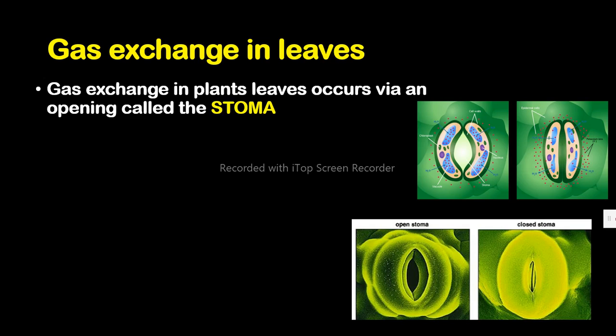But now, gas exchange mainly occurs through the leaves because the leaves are the ones which are active. They are the ones that carry out photosynthesis, compared to other parts. So you have their specialized surfaces over which gas exchange is going to occur, and those are the stomata.